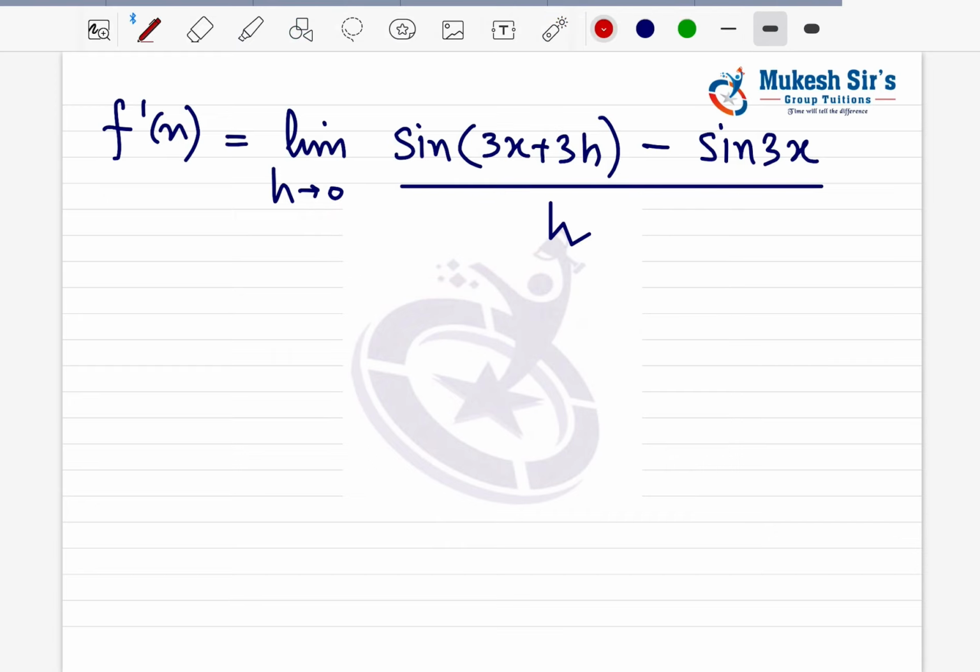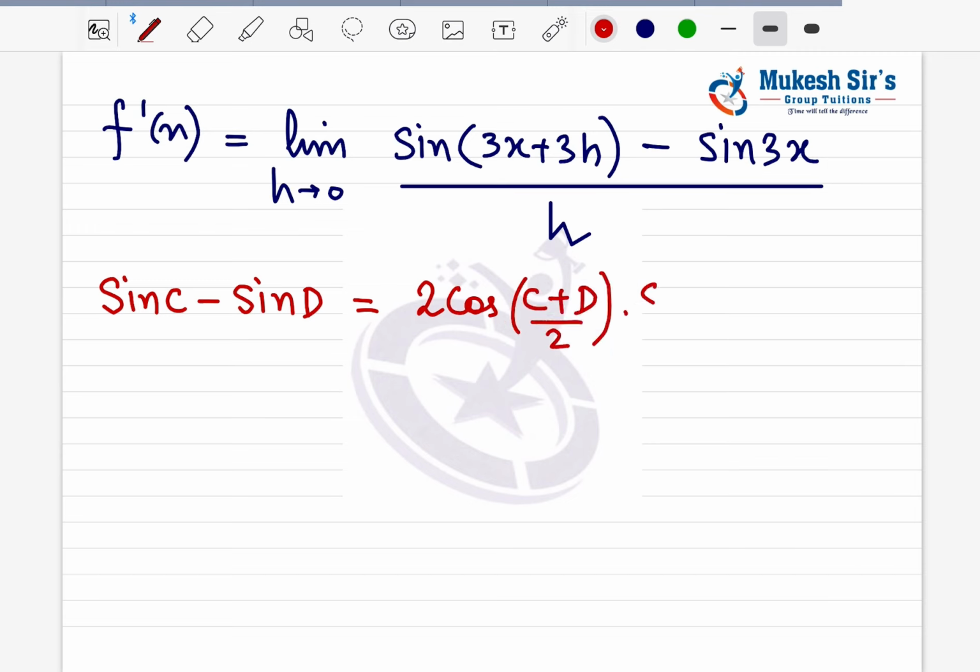So here we use sine c minus sine d का formula. This is called factorization formula. Sin c minus sin d का formula was 2 cos c plus d by 2 into sin c minus d by 2.